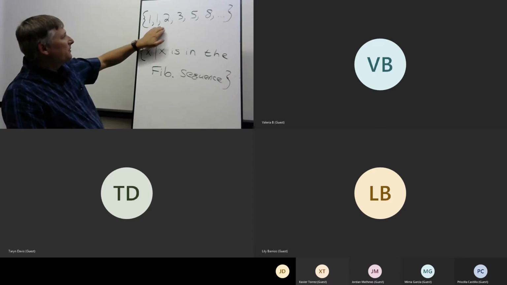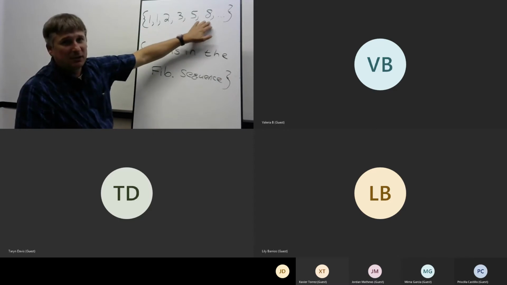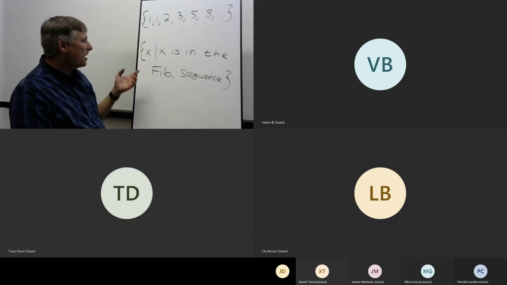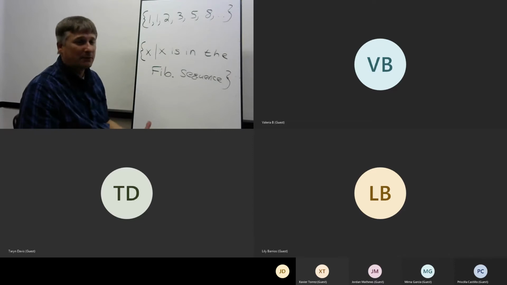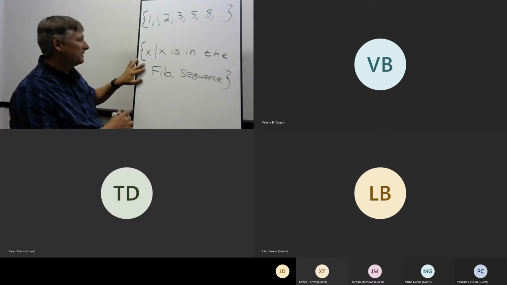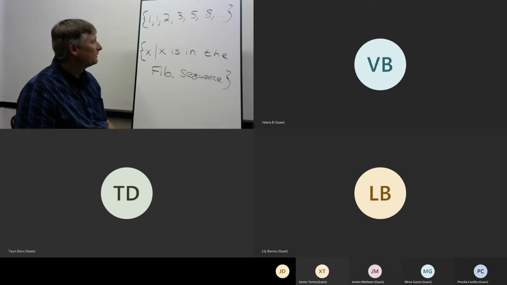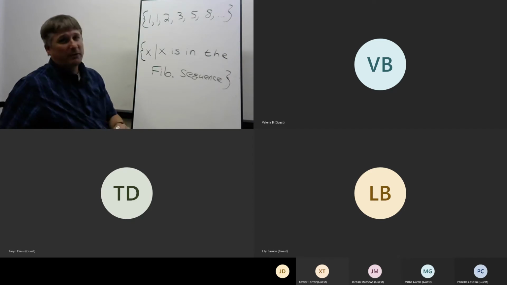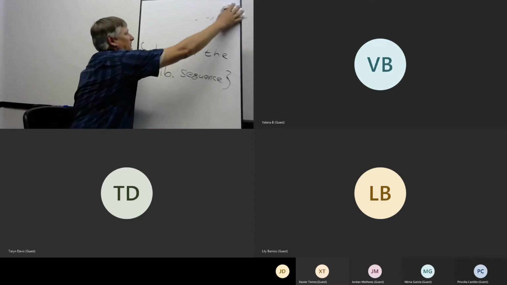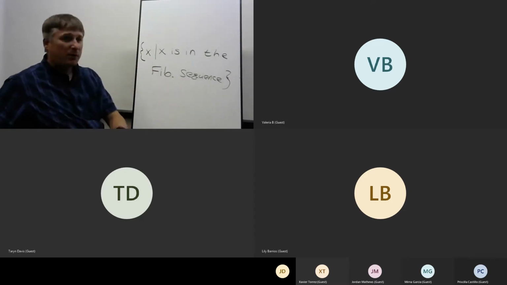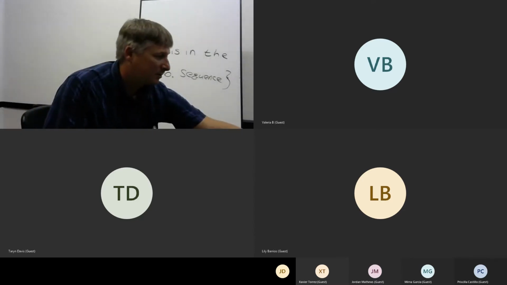So if you're not familiar with what a Fibonacci sequence looks like, well, we can still talk about the set of all the numbers in the Fibonacci sequence anyway. And we can do that using the set builder notation. Here's another way where it kind of helps. And if I'm going too fast, let me know. Here, I'm going to pull up the chat so I can see.